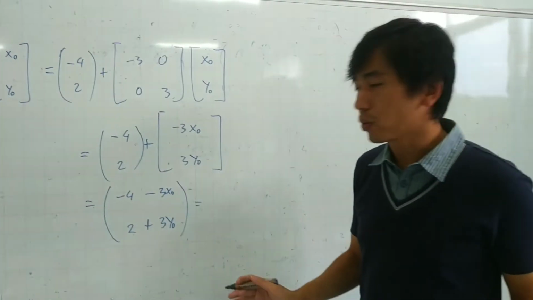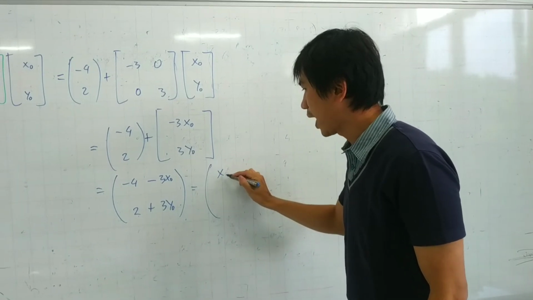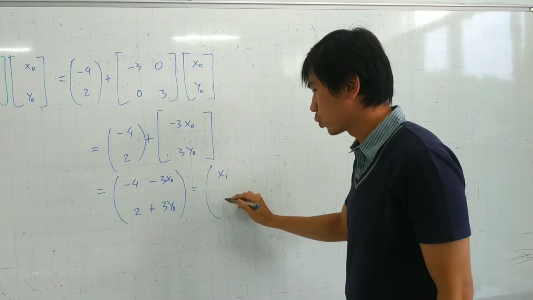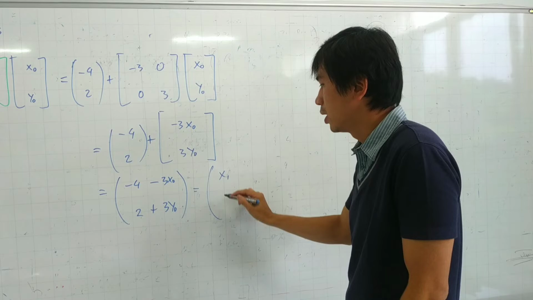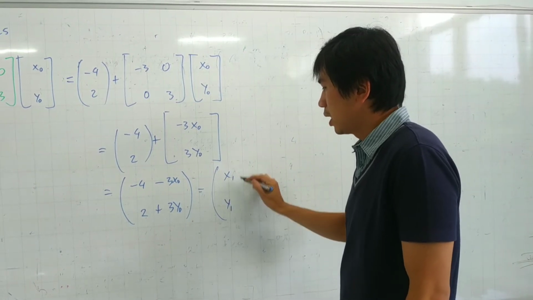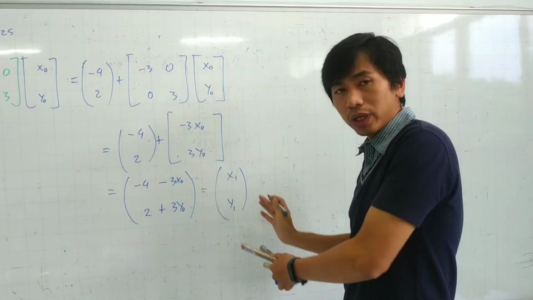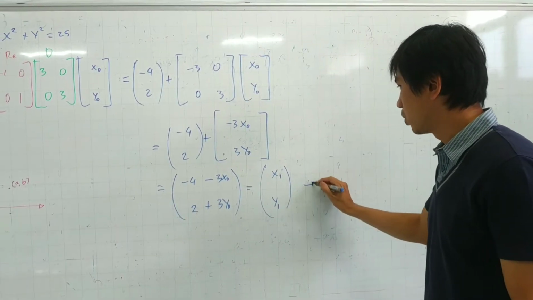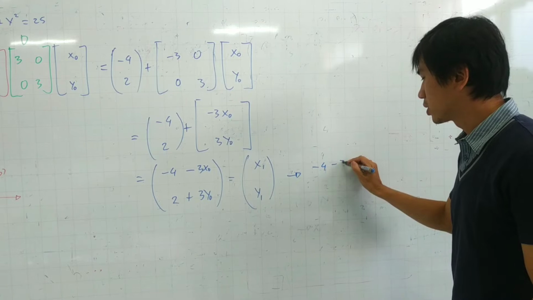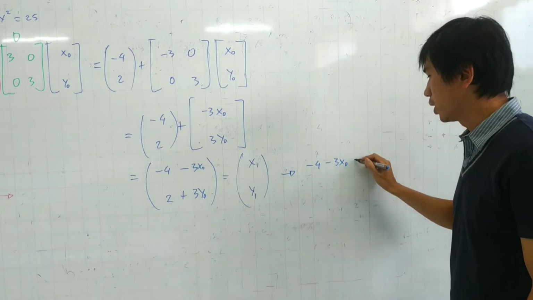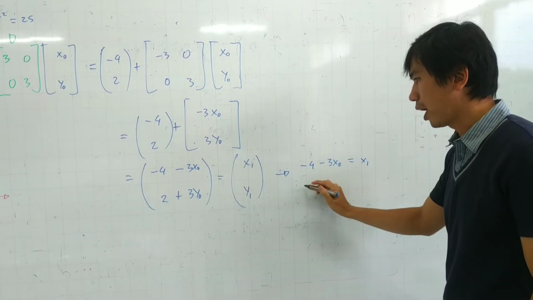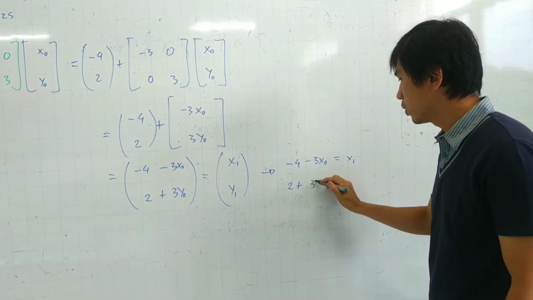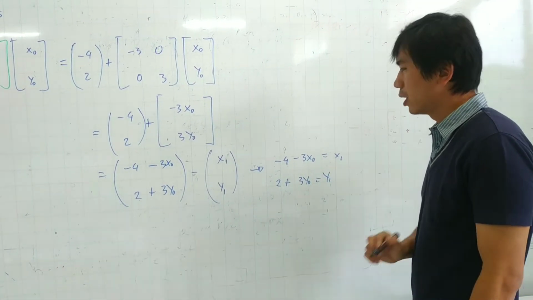Equal with what? Equal with x1, or you can say x prime, just to indicate that this is the new equation. So you have negative 4 minus 3xo equal with x1, and then we have 2 plus 3yo equal with y1.